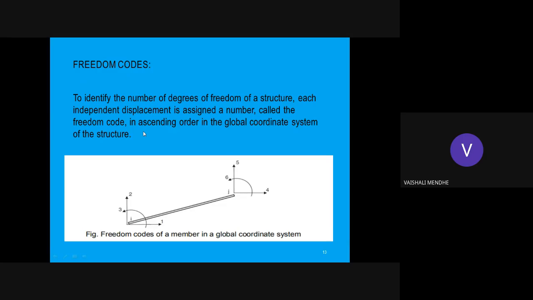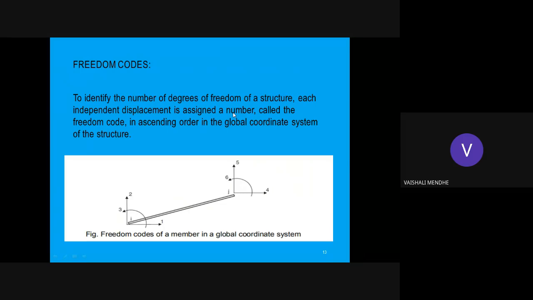Now this freedom code we will understand. You can see in this figure I have considered one member, member 1, where I have defined the starting node as I and the ending node as J. If I want to assign the freedom code to this member in a global coordinate system, it can be assigned in this way. To identify the number of degrees of freedom of a structure, each independent displacement is assigned a number.